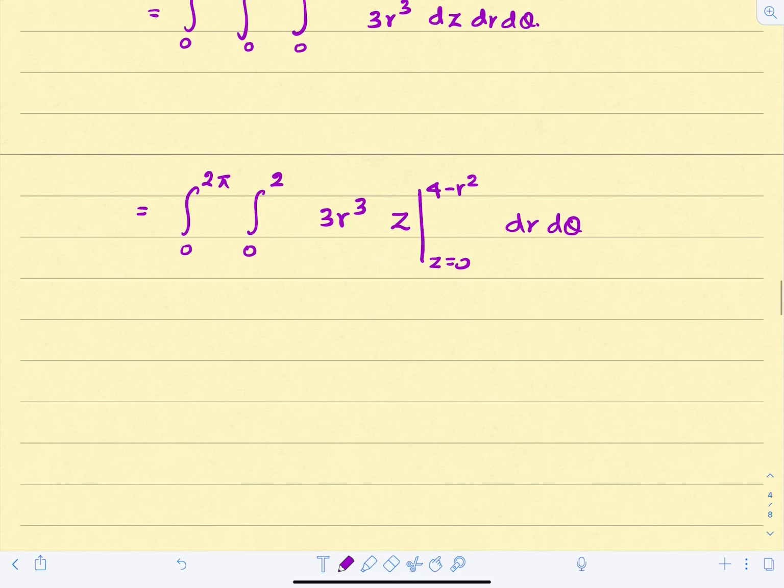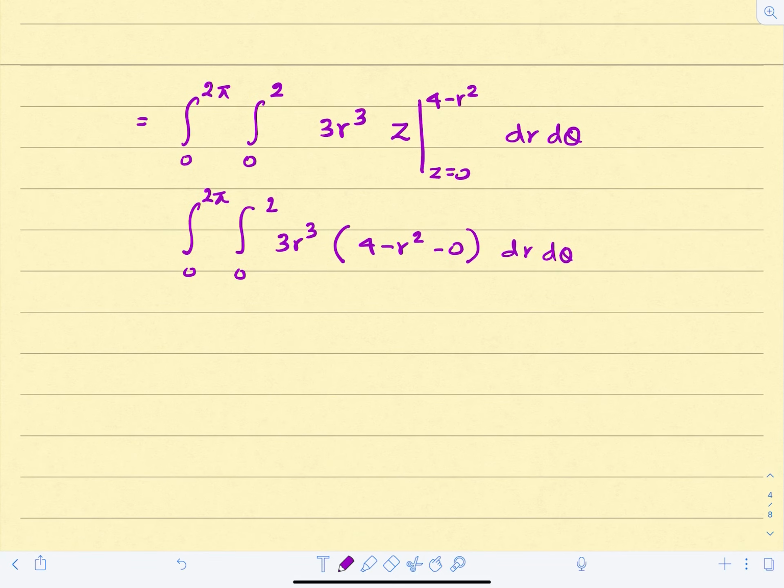Apply the upper limit first and then minus the lower limit. So you will get 3r cubed times 4 minus r squared minus 0 dr d theta. Great. Now let's distribute this 3r cubed term. If you do that, you will get 12r cubed minus 3r to the power 5 dr d theta.